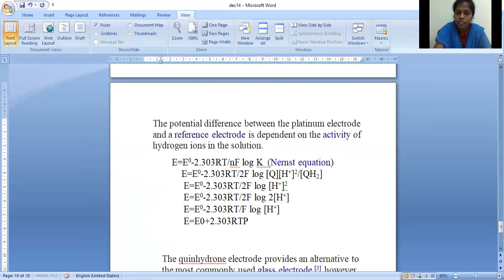Minus log of H plus is pH. So that means we can find the pH value if we know the E naught value and E value. So by using the Nernst equation of the quinhydrone electrode, we can find the H plus ion concentration and also we can find the pH of the unknown solution.